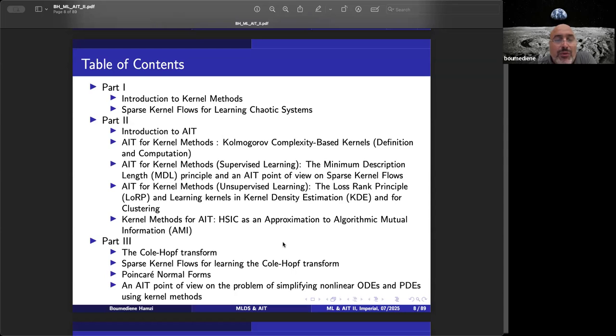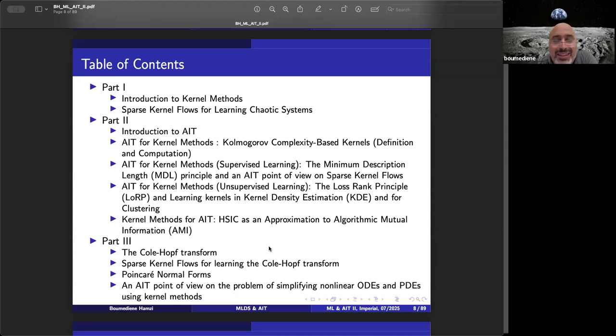Which is about the Koopman transform, like simplifying PDEs and ODEs, and that the problem of simplification as such can be viewed from the point of view of AIT as a problem where we want to reduce the Kolmogorov complexity. Yeah, so that is joint work with John Kyun, and he is actually going to give an entire talk about it next week at the Newton Institute.